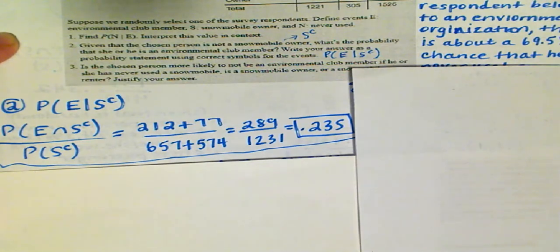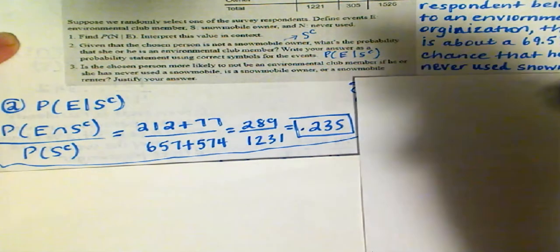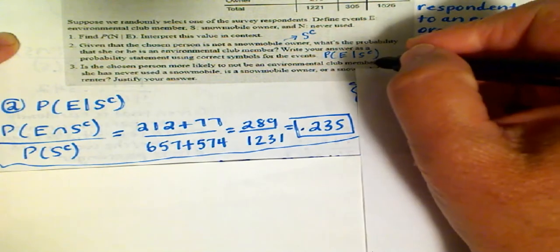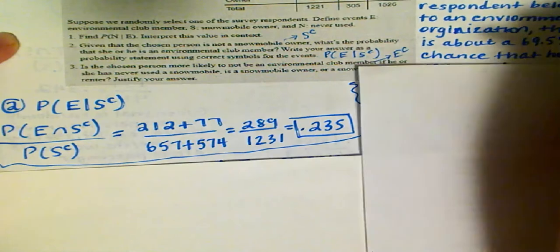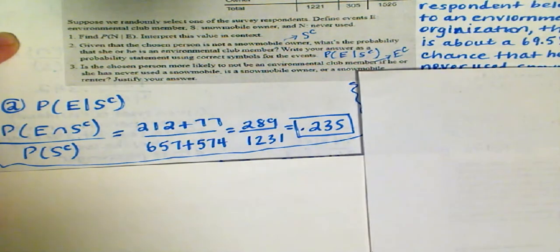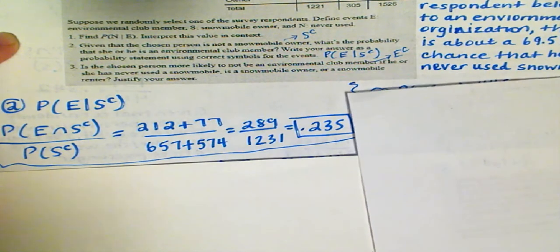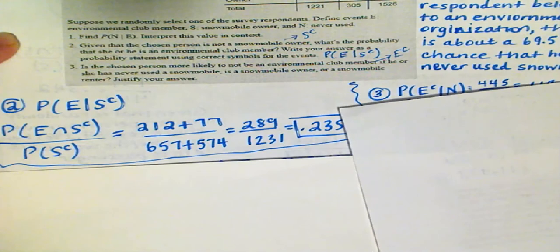Okay, all right, number 3, is the chosen person more likely to not be an environmental club member? So this is not. Is the chosen person likely not to be an environmental club member if he or she has never used a snowmobile, is a snowmobile owner?